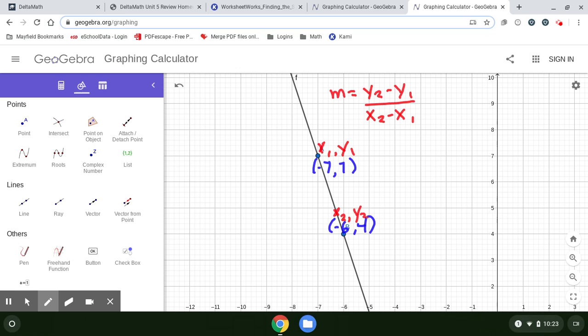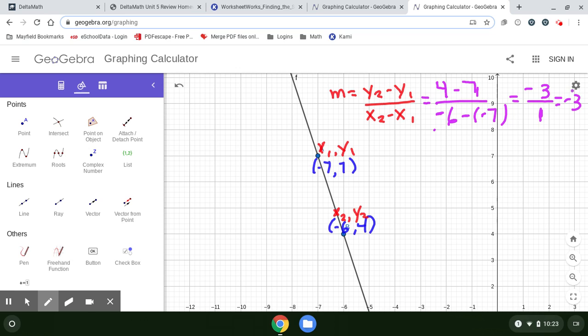Now I'm going to fill in my formula with what is given to me. So y2 is 4, y1 is 7, over x2 is negative 6, x1 is negative 7. And you can use a calculator. 4 minus 7 is negative 3. Negative 6 minus negative 7 is 1.